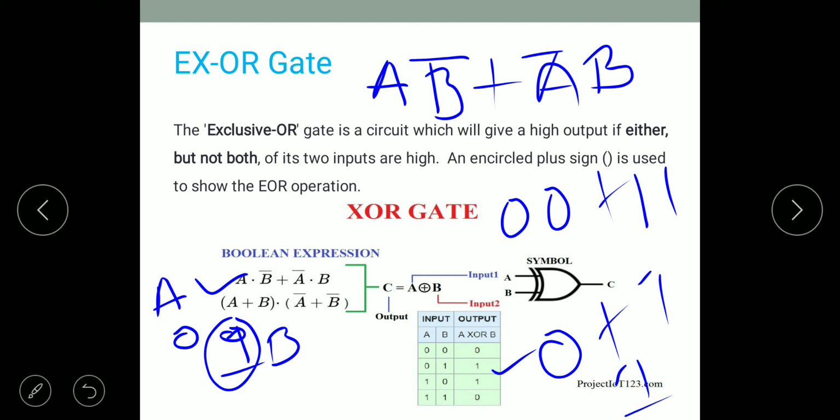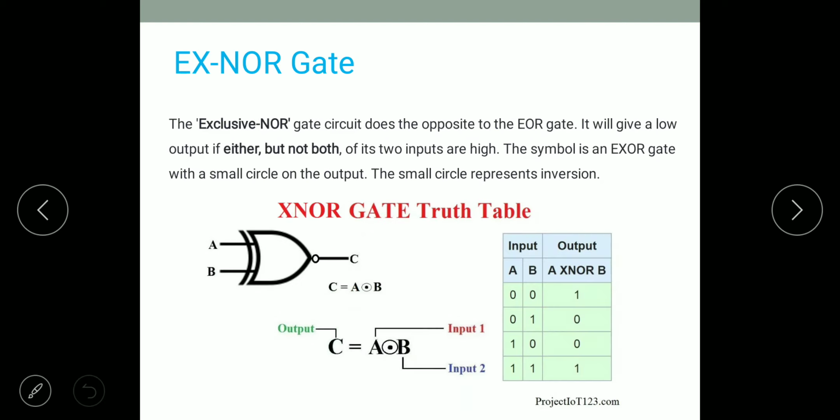Then next is the XNOR gate. XNOR gate means exclusive NOR gate. This circuit does the opposite of the XOR gate, that is nothing but not XOR. It will give a low output if either but not both of its two inputs are high.